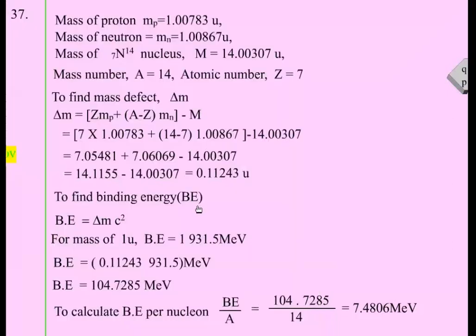And for the binding energy of nitrogen, 1 mark. And for binding energy per nucleon, the formula, substitution and calculation give 1 mark. So 5 marks are obtained. So this is about the March 2014 physics question paper.